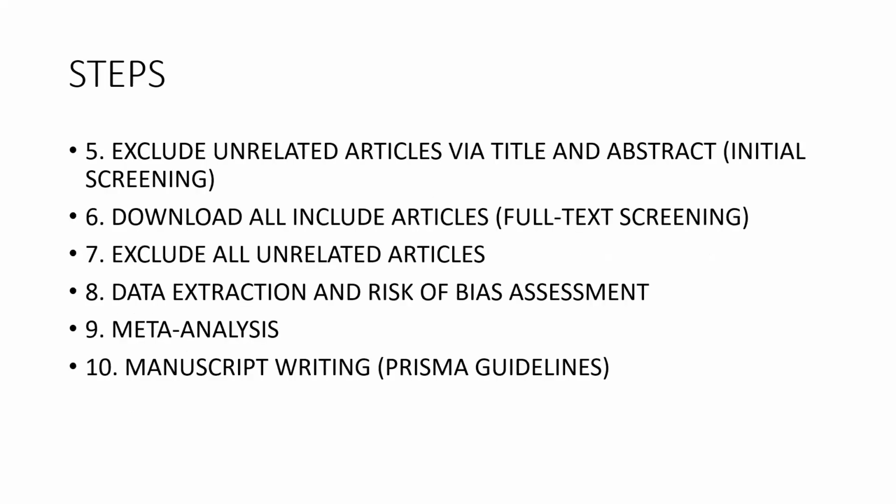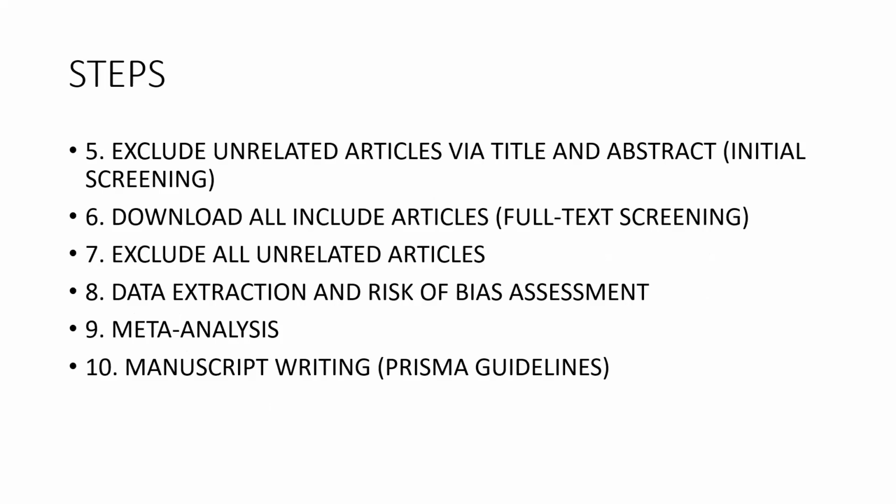What you want to do here is screening. Screening is basically the first actual step of your systematic review. In screening we exclude all of the unrelated articles via title and abstract. Sometimes, even with the specific way that you thought was going to work, you're still going to have a lot of articles that are not related to your overall picture. So you need to go over the titles.